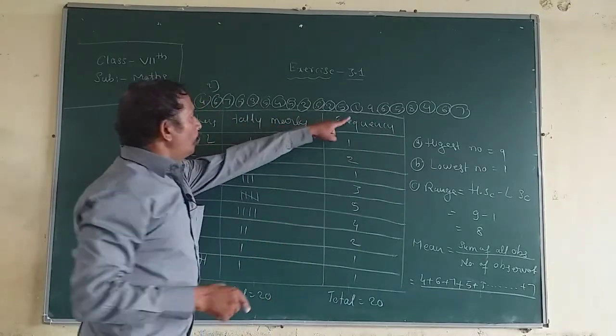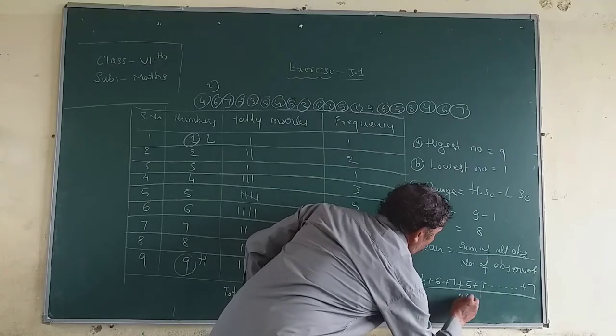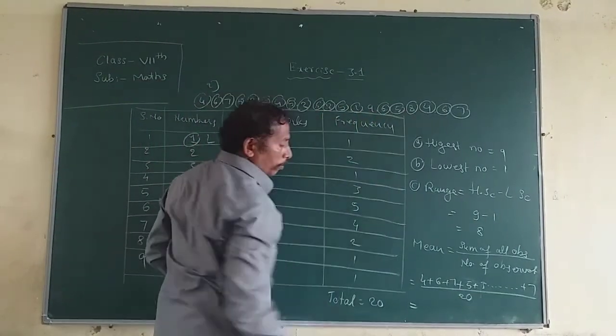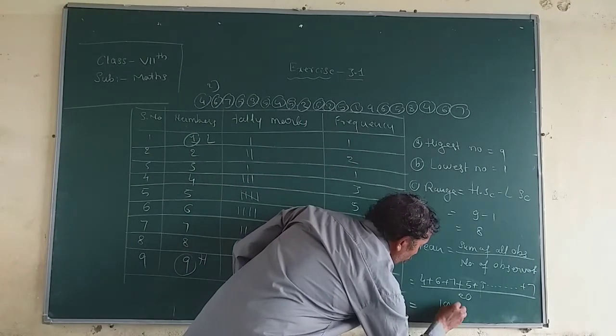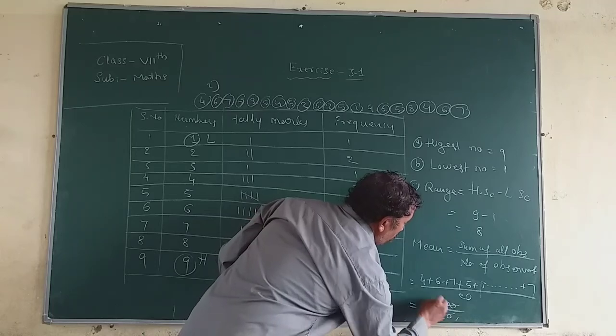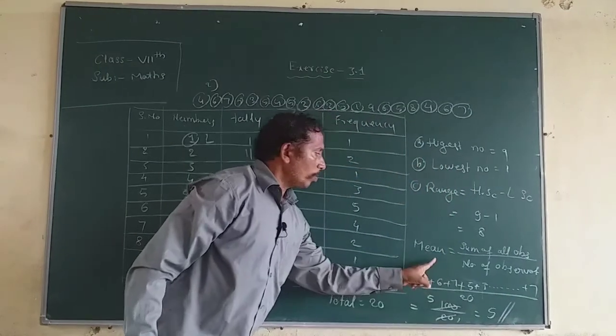The numbers given in the list of observations are 20. Therefore, the sum of all these given observations is 100, divided by 20. It is equal to 5, and this is the mean.